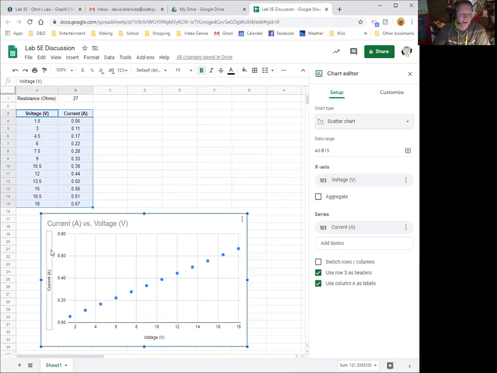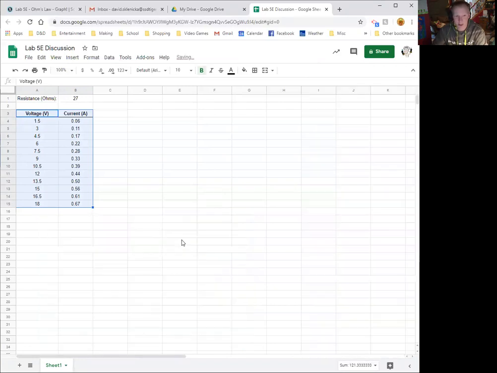Remember, the dependent variable always goes on the y-axis. The independent variable always goes on the x-axis. These are backwards. So I can fix that really quickly by, I'm going to erase my chart here. And I want to remember that when we graph in this way, when we just highlight here, the first column is always the x. The second column is always the y.